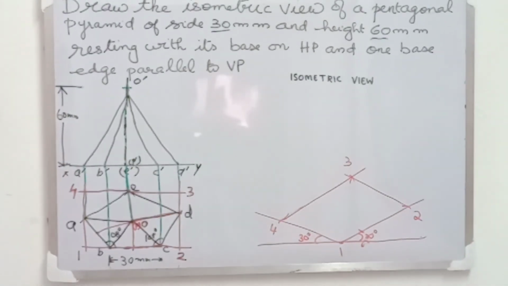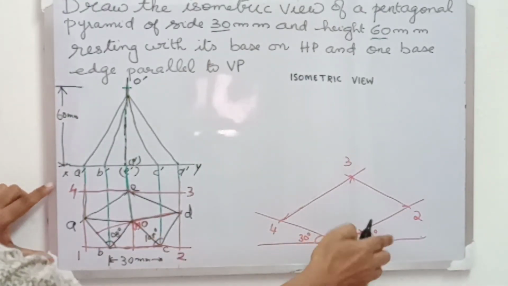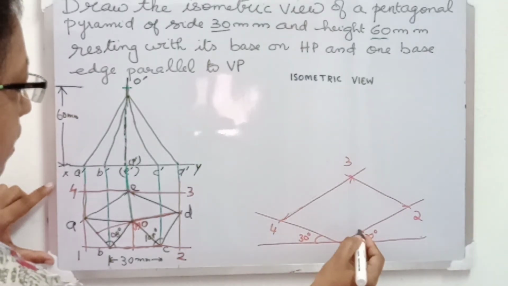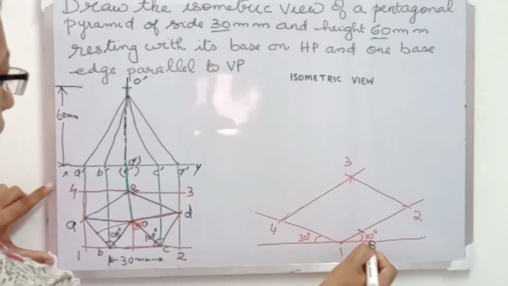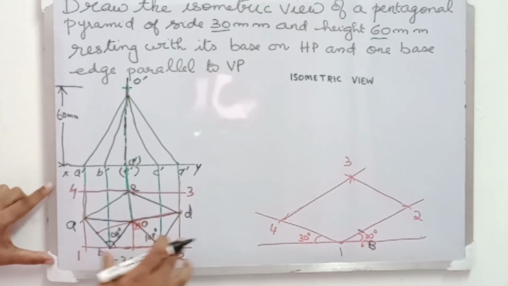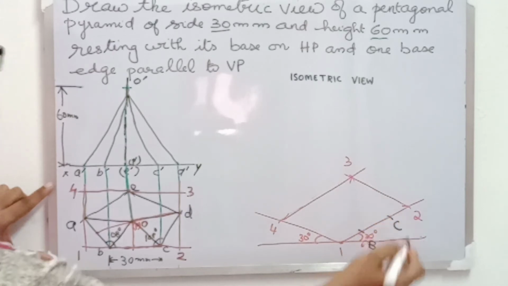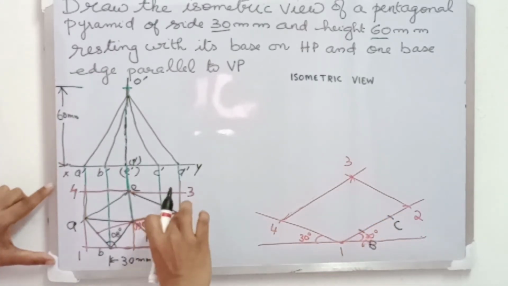So, using a compass, we can transfer 1P to the line 1, 2 and mark D there. Next, to mark point C, take 1C in compass and transfer it onto the line 1, 2 and mark point C there.